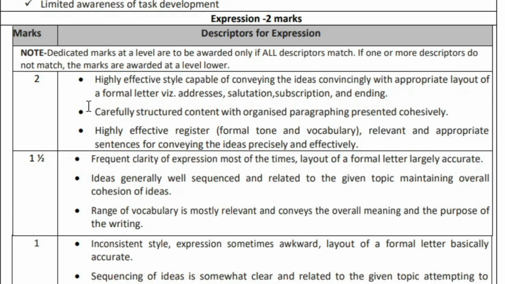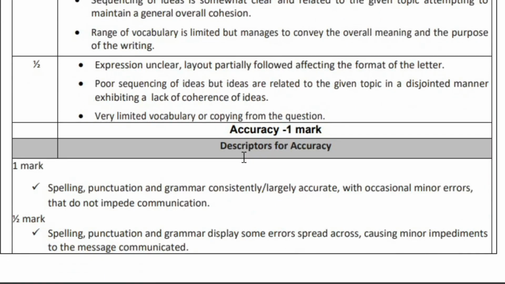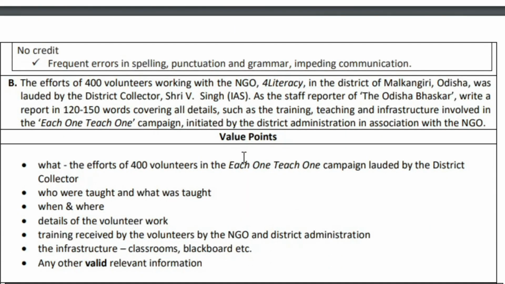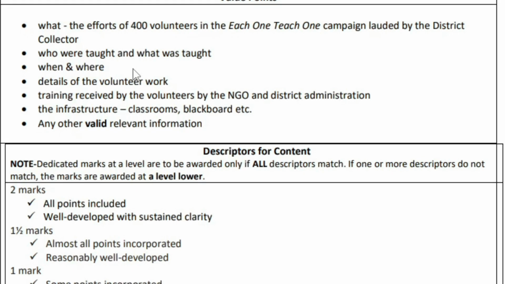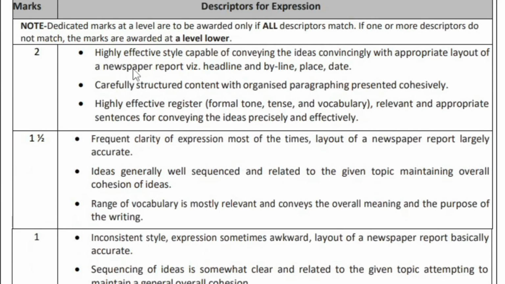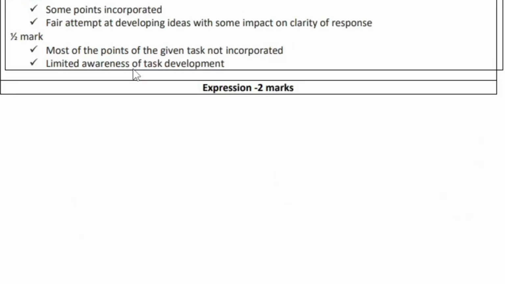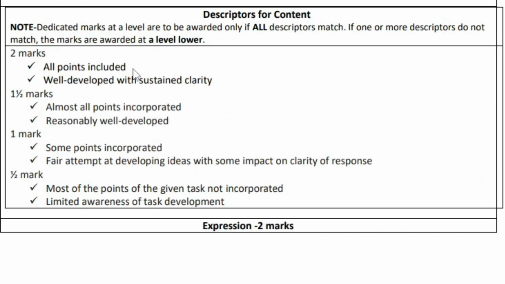So whenever you write, you need to write in the correct format, even for report writing, and you should furnish all the factual information, all the information which is supposed to be presented, in the correct format. So let us go to the value points here. So the efforts, 400 volunteers, and all these things you can read, you can study, and you can write. Okay, now let us go to the next set of questions.